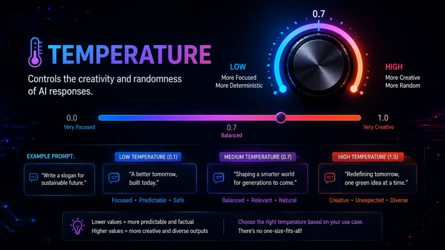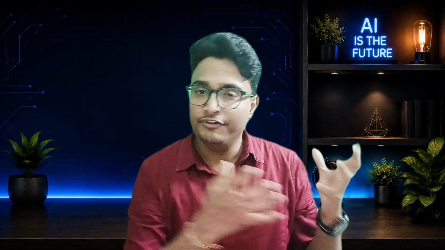Or in case of creative writing, let's say you want to write a novel or story, the temperature will be much higher, let's say 1. That means it will add randomness in its creativity. So lower temperature means more consistent answers, and higher temperature means random, unpredictable answers. You have different use cases, and that's where these different temperature parameters come into the picture.